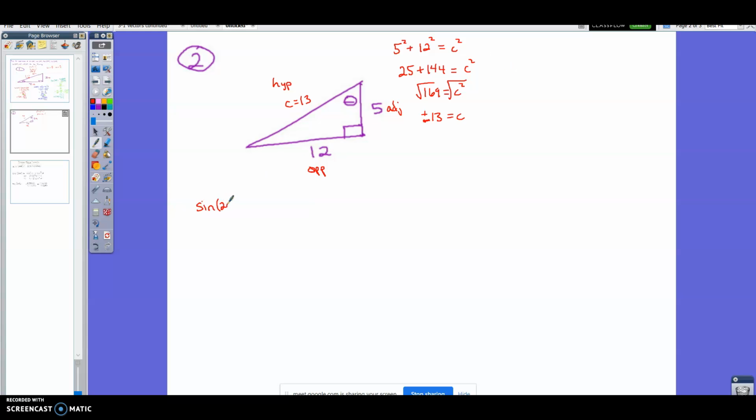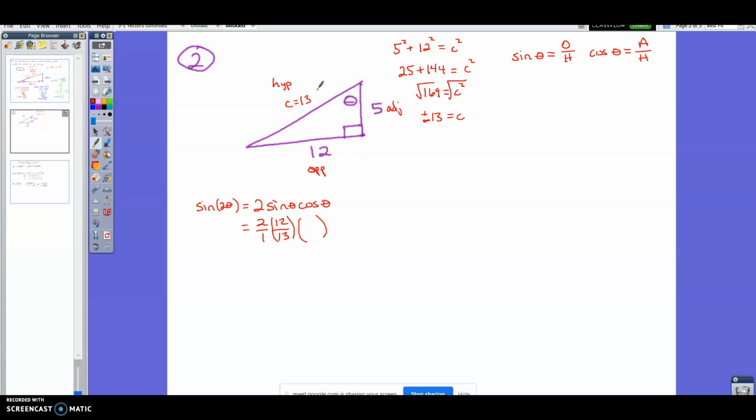So to find the sine of 2 theta, we take 2, and we multiply by sine theta, cosine theta. Just like the previous one. So we're going to be dealing with fractions, so I'm going to rewrite the 2 as 2 over 1. The sine is the opposite, which is 12, over the hypotenuse, which is 13.